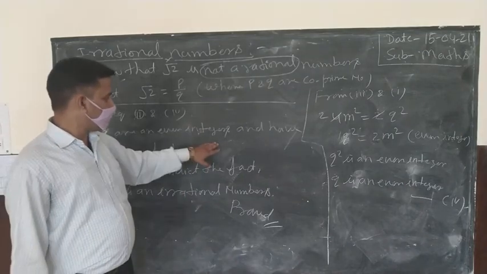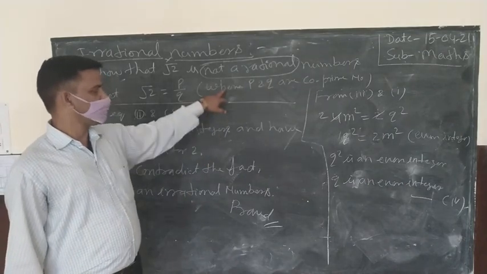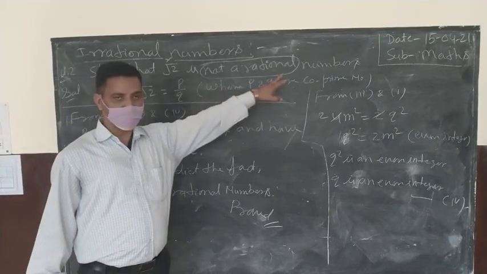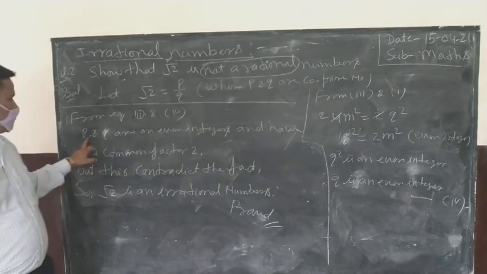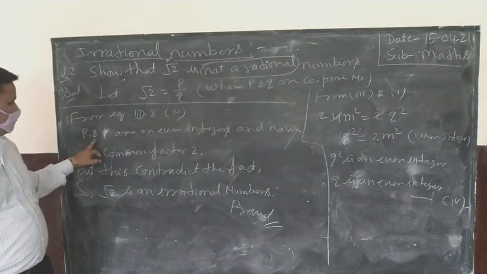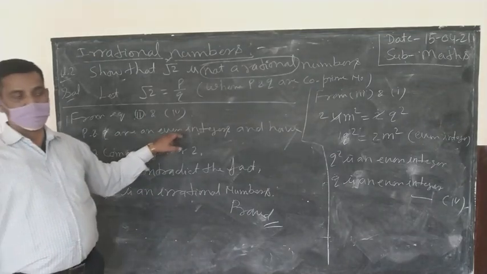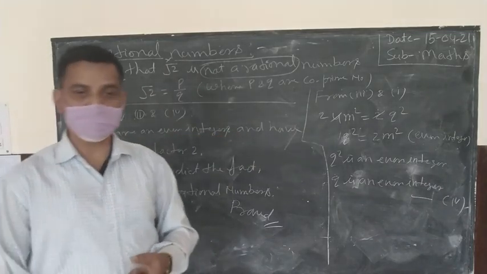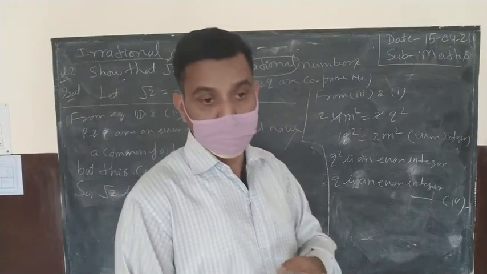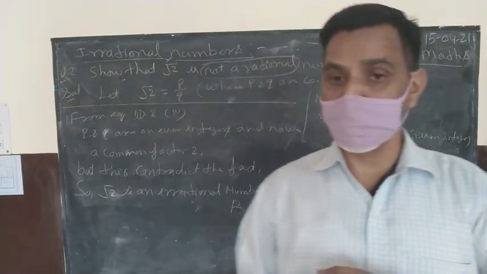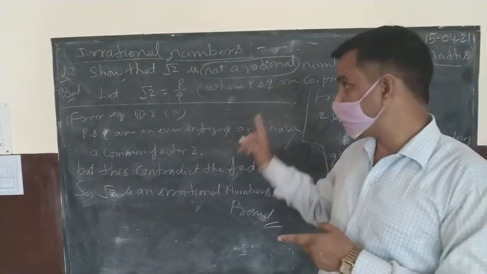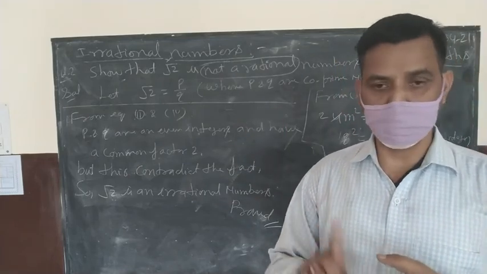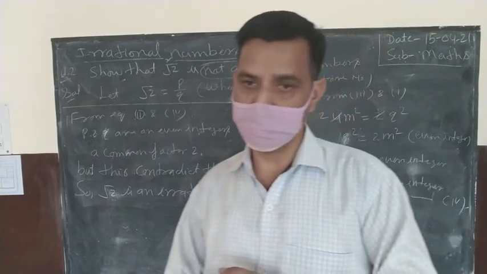The given fact is that p and q are co-prime, and your result is that p and q are even integers, so 2 is a common factor. The fact is not satisfied because co-prime numbers do not have a common factor.